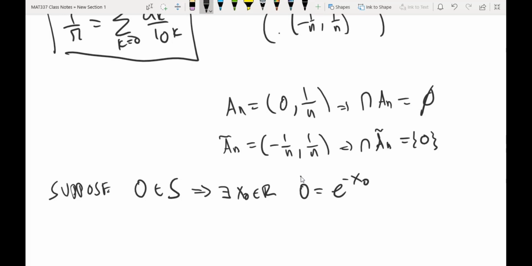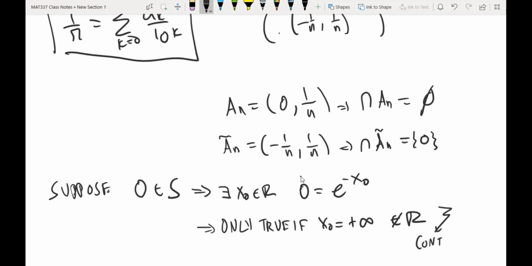You see that this cannot be true. This is only true if x naught is plus infinity, which is not in the reals. So contradiction, because this is a strictly positive number, right?